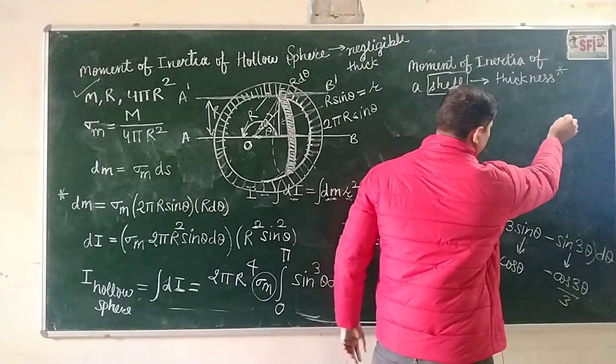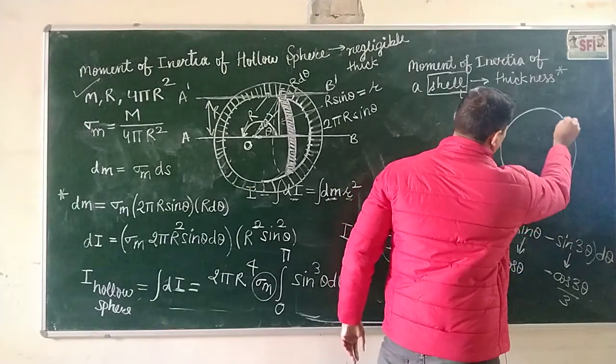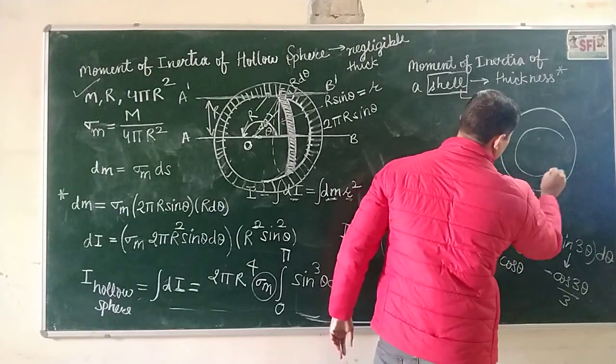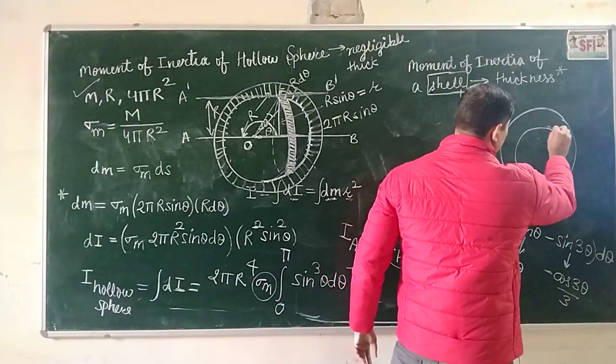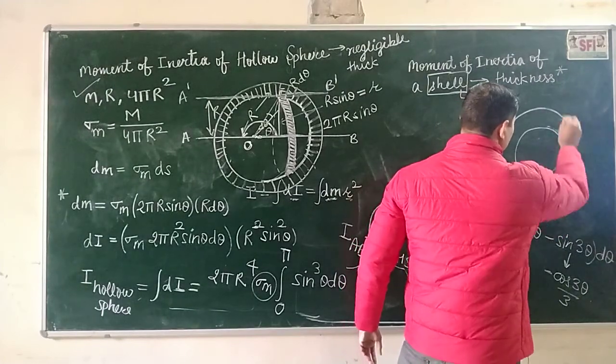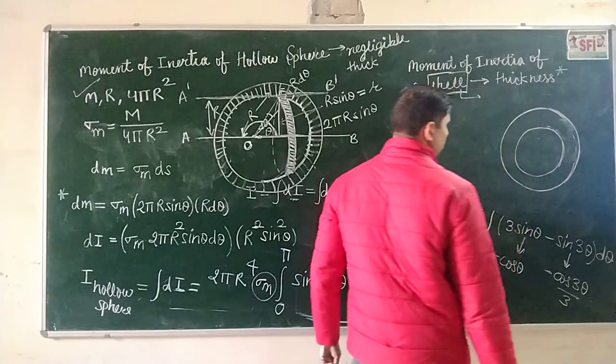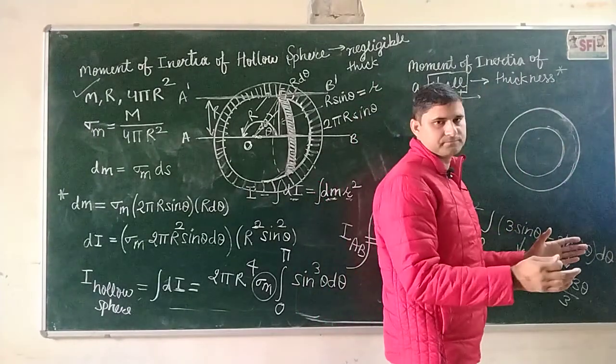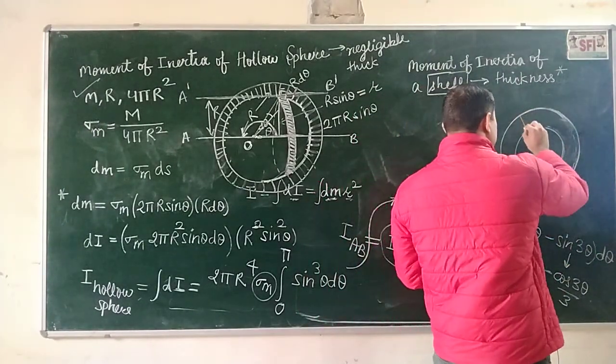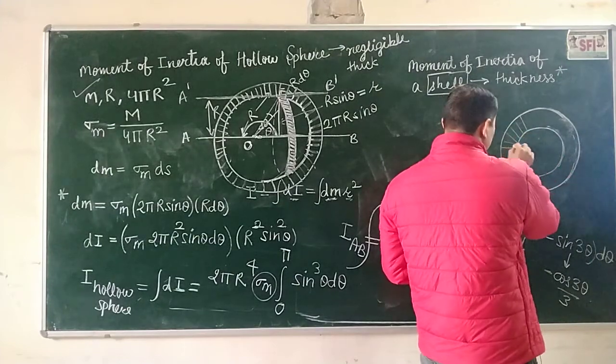Okay, so let me make a cell here. This is how a cell looks like. You can see here it has a volume, so mass is distributed within this space.